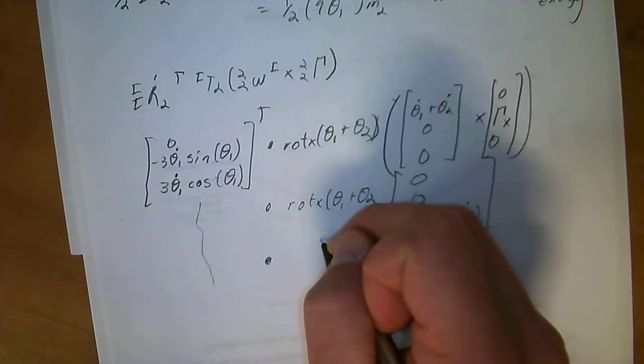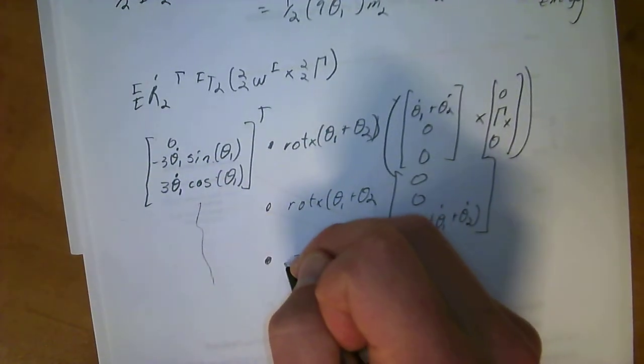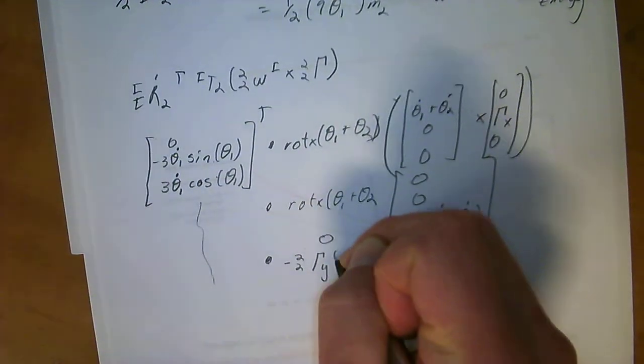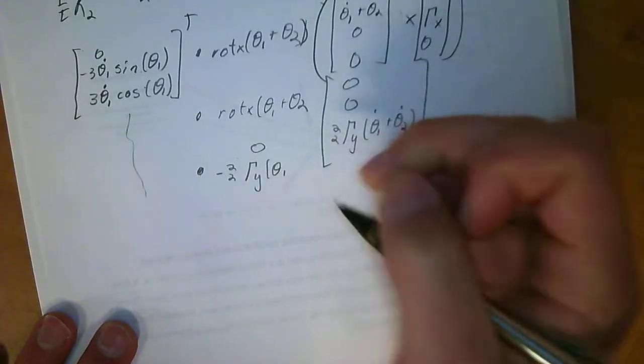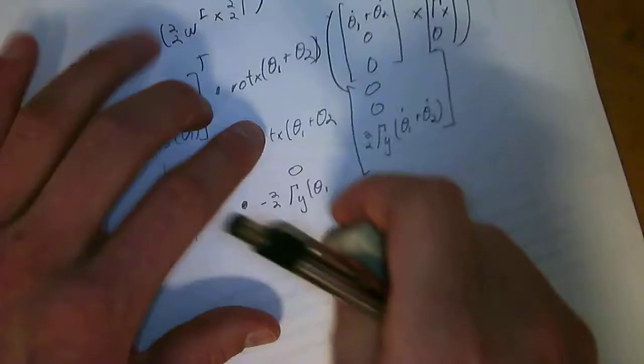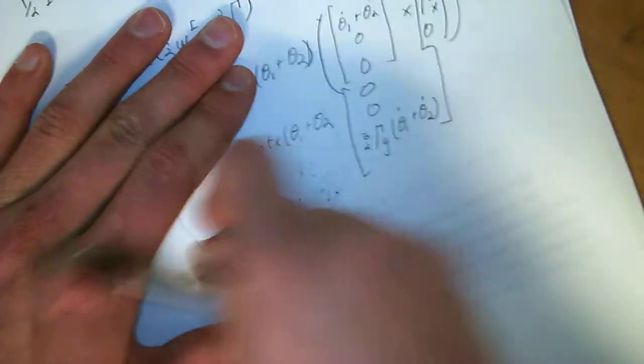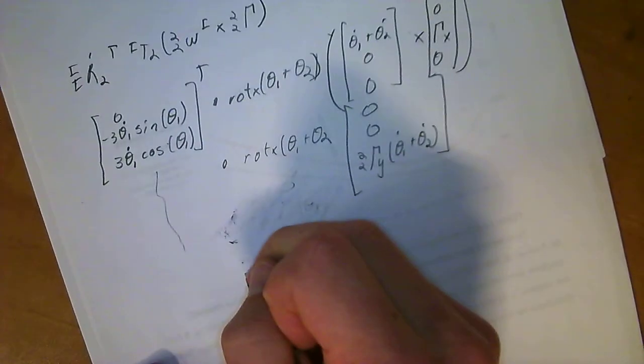And it's going to be times again 0 of 2 negative gamma y of theta 1. Sorry. Didn't take that down far enough.